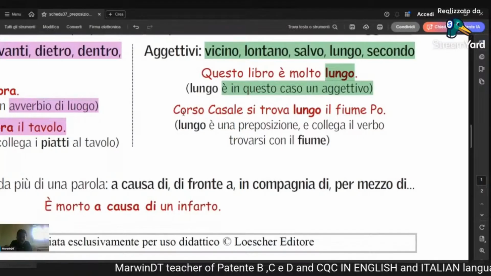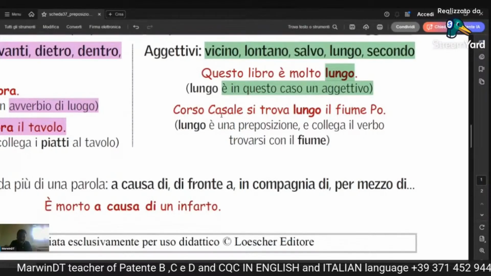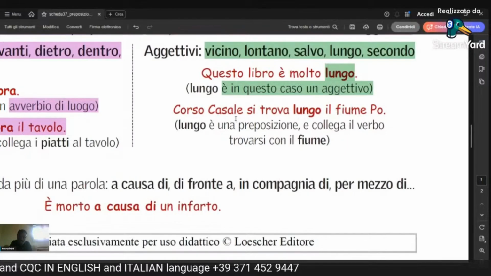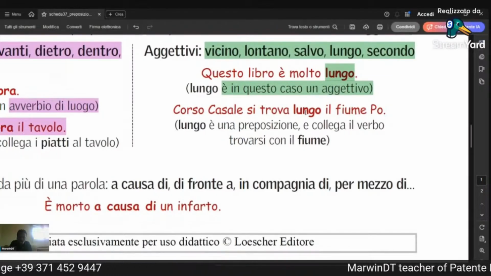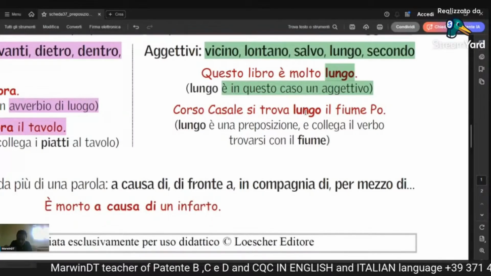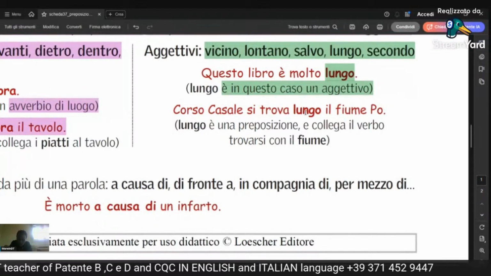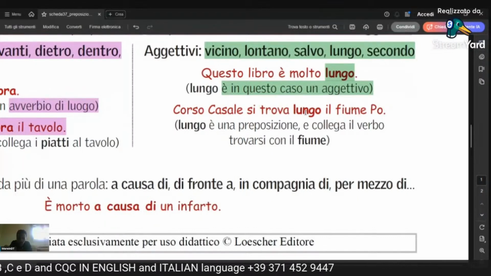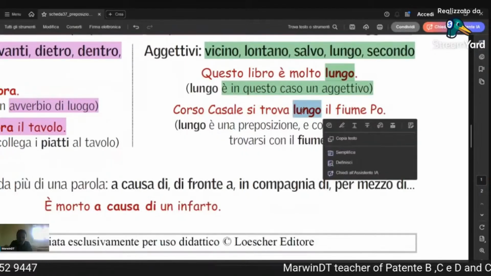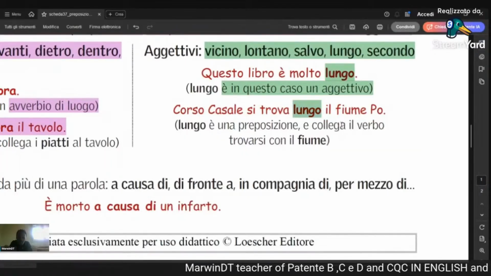And then we have Corso Casale si trova lungo il fiume Po, meaning the course Casale is found along the river Po. The river Po, fiume Po. That is lungo, meaning along the way of fiume Po.